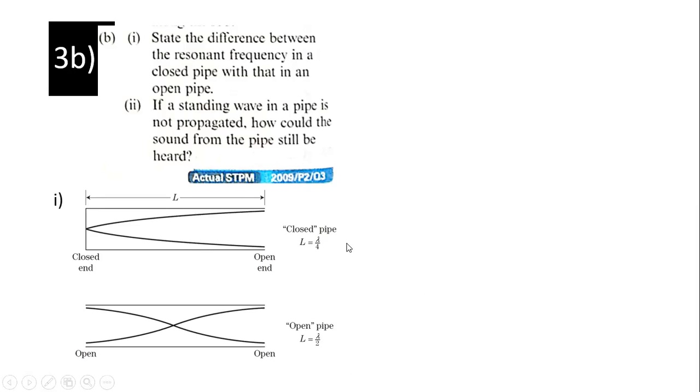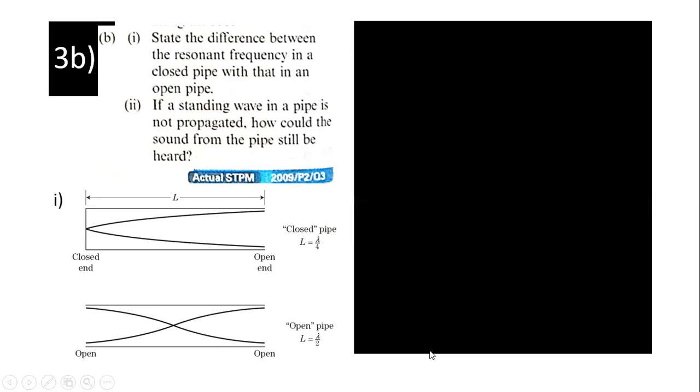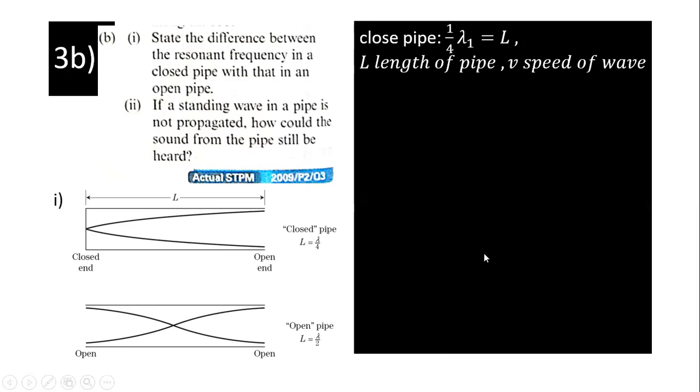For the closed pipe, L equals a quarter wavelength. For the open pipe, L equals lambda over 2. L is the length of the pipe, V is the speed of the wave. So your frequency F1 is V over lambda 1, where lambda 1 is 4L.